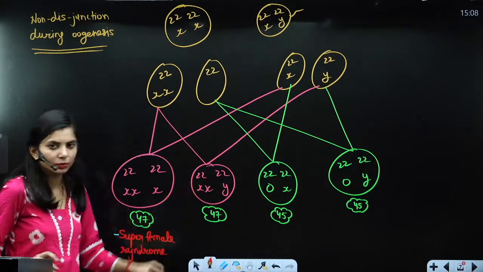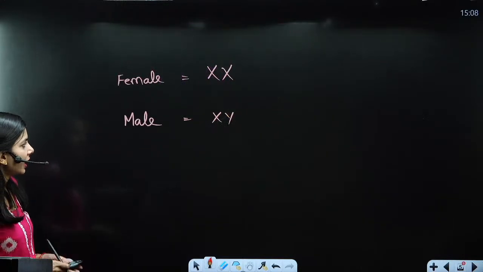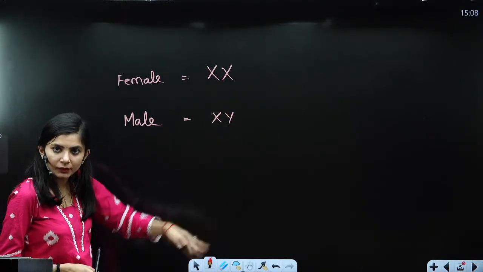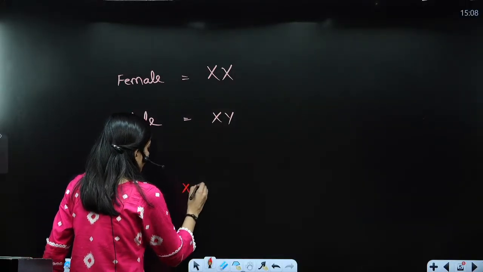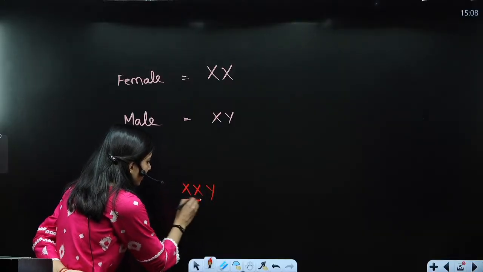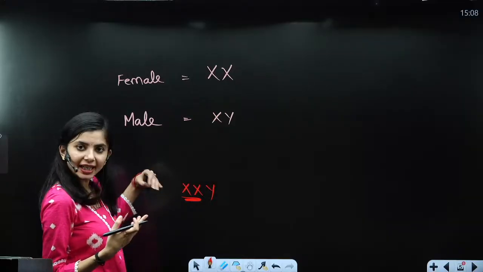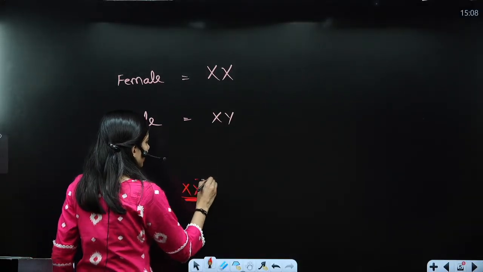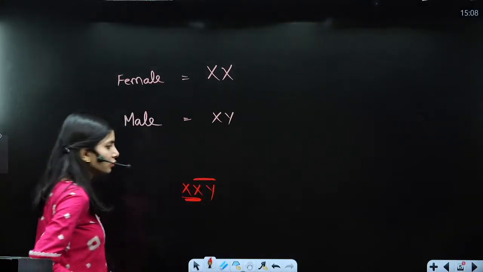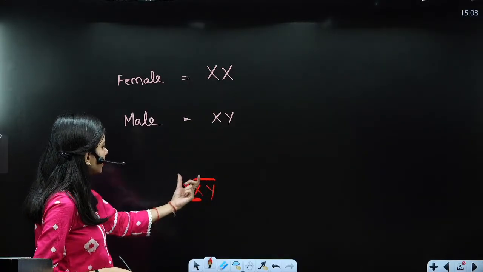Fine. Now this one. For a male, I should have XY. Now this person has XXY. For a normal female XX is required, so it has XX as well, and for a normal male XY, so it includes that also.